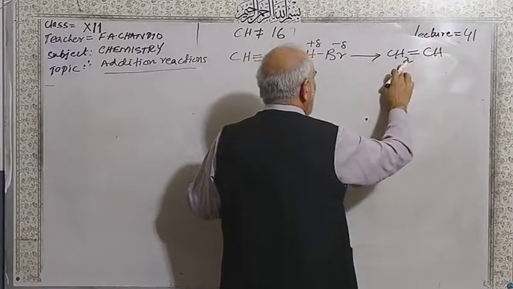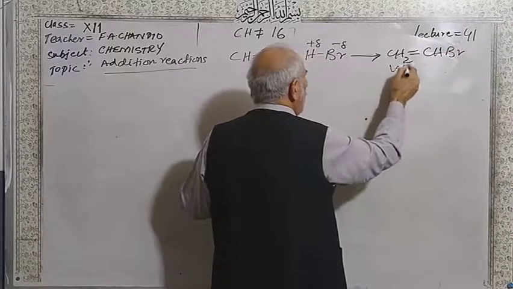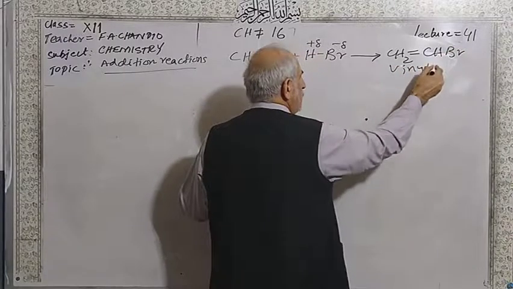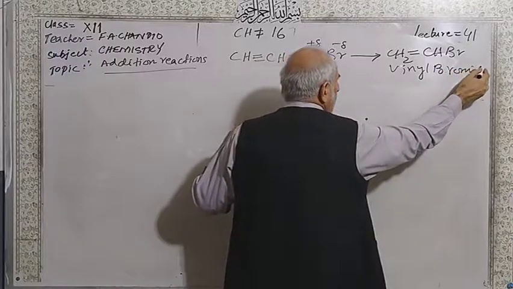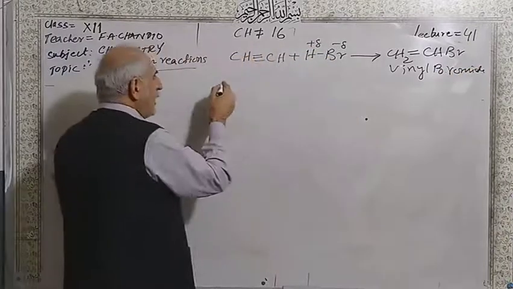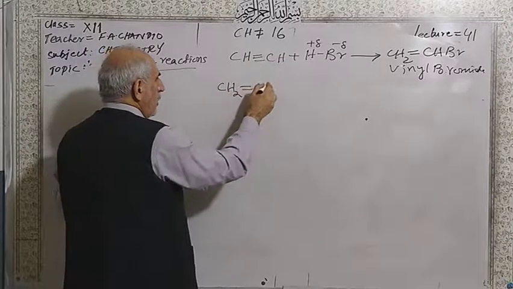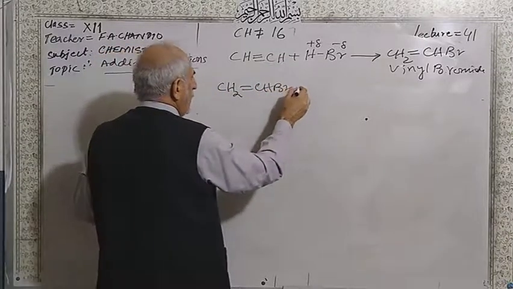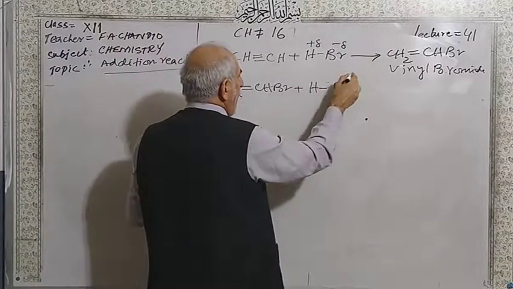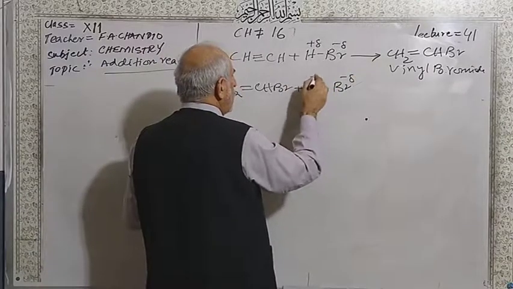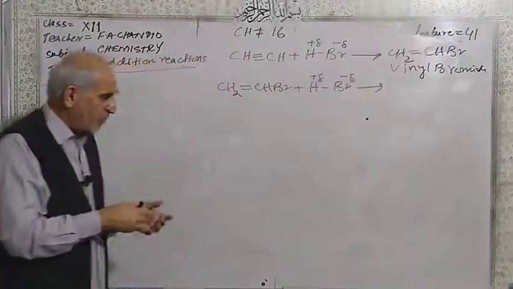In this case, one hydrogen is added here, and this is called a vinyl bromide. I told you earlier, vinyl bromide is unstable. If you now add the unsymmetrical reagent, hydrobromic acid, again, the situation has changed.